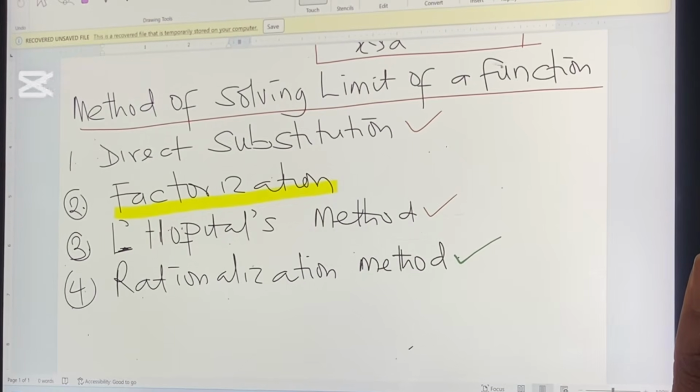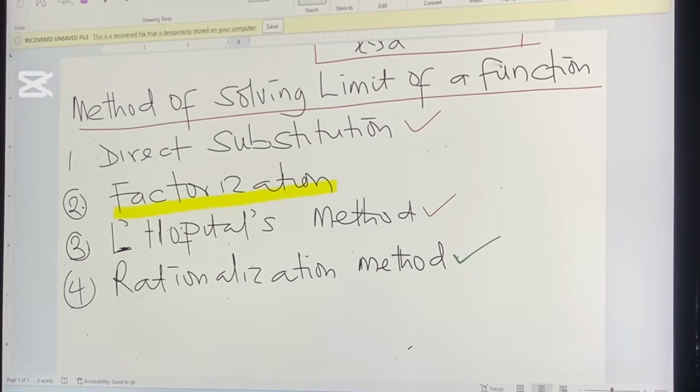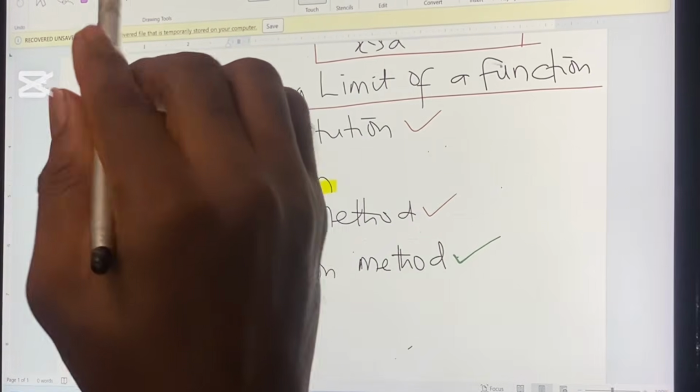Now, class, whenever I want to evaluate limit of a function, when the value of s tends to a number, the first method to use is direct substitution method.